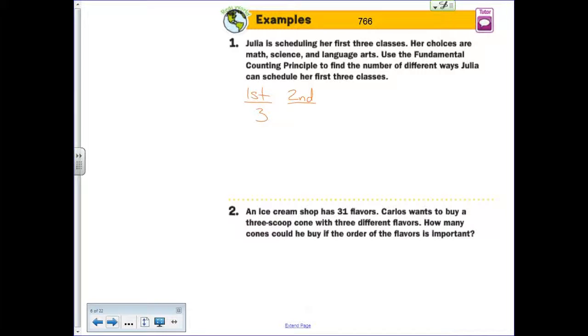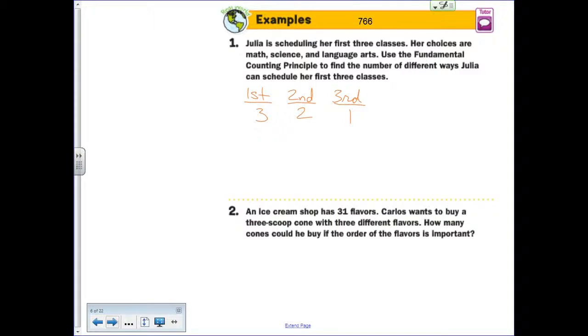So there are only 2 possible outcomes for the second class. Then when we get to the third class, there's only 1 class left because she'll have already scheduled the other 2. So there's 3 outcomes for choosing the first class, 2 outcomes for the second class, and 1 outcome for the third class.